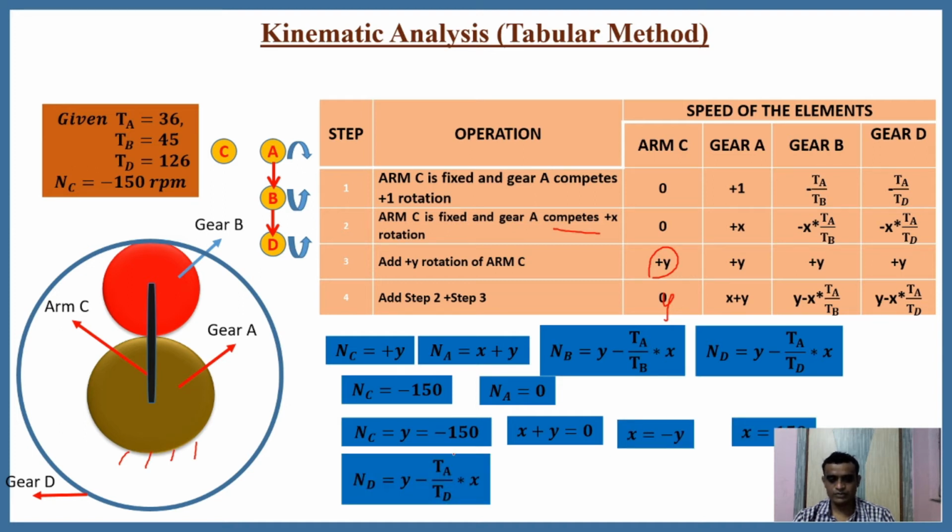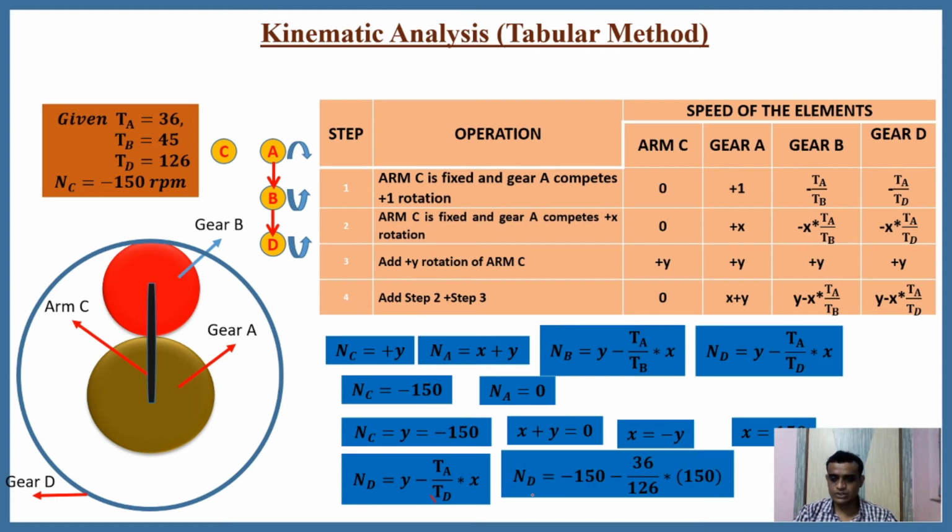Now we need to find the speed of gear D. ND is equal to y minus x TA upon TD. The number of teeth on gear A and gear D are known to us. Next, we just put in all these values. y is equal to minus 150, x is equal to 150, TA is equal to 36, and TD is 126.